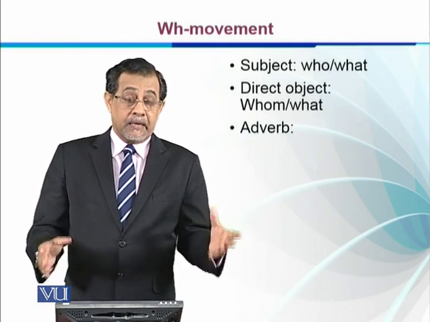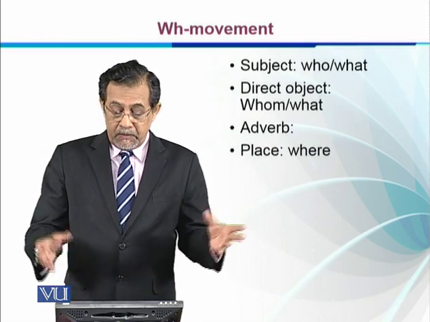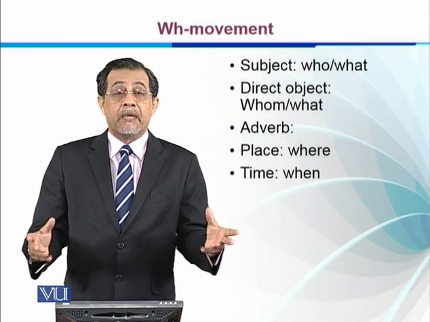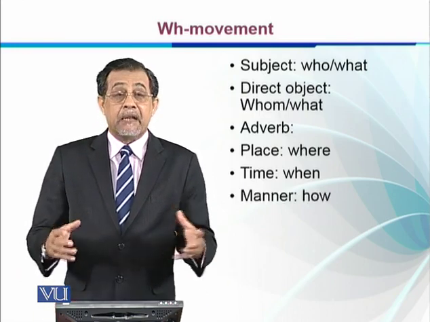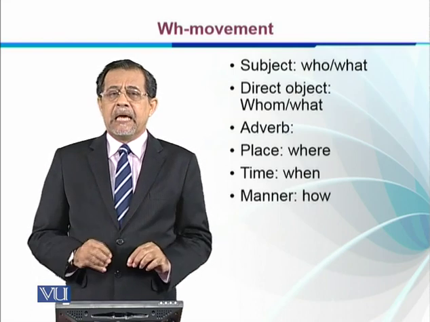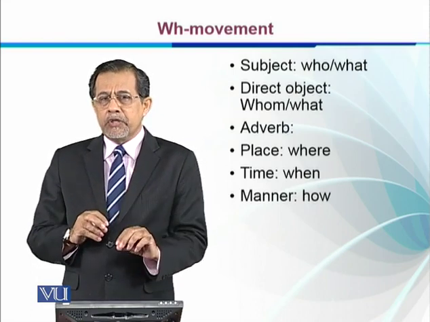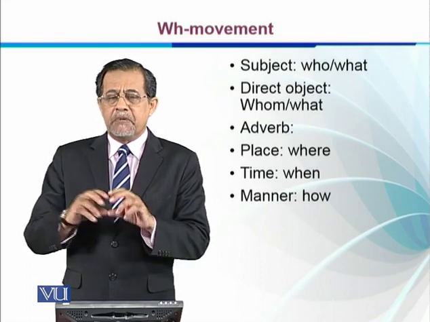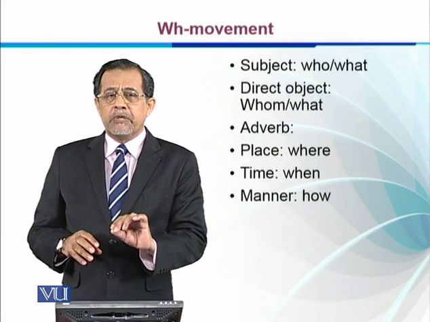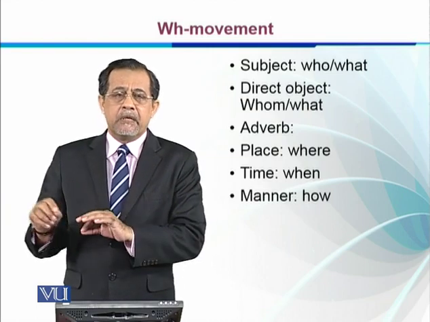And then comes the adverb. If it is place, then where. If it is time, then when. If it is manner, then how. So actually these are the hidden elements. If we do not know any constituent of the sentence, subject, verb, object, adverb, etc., there are WH words for them: when, why, where, etc.